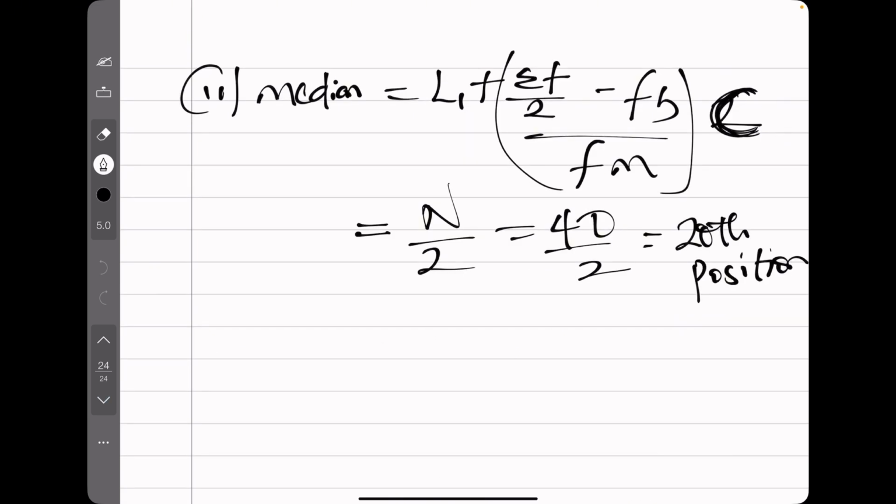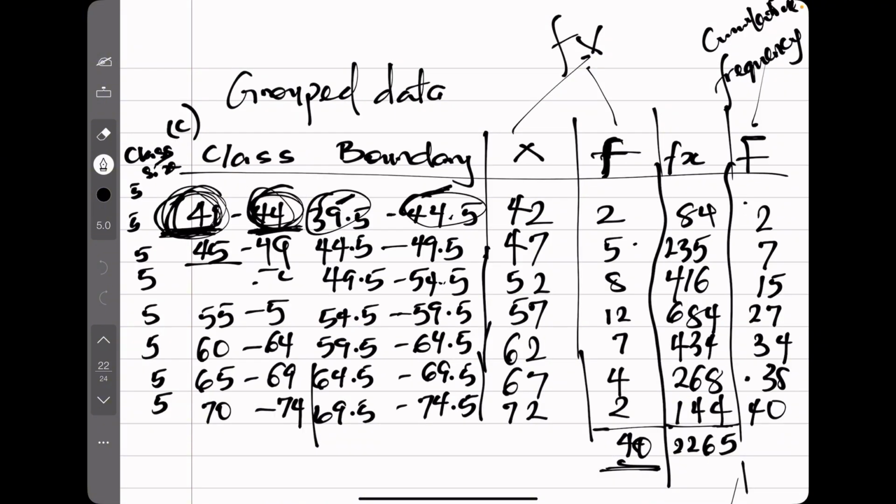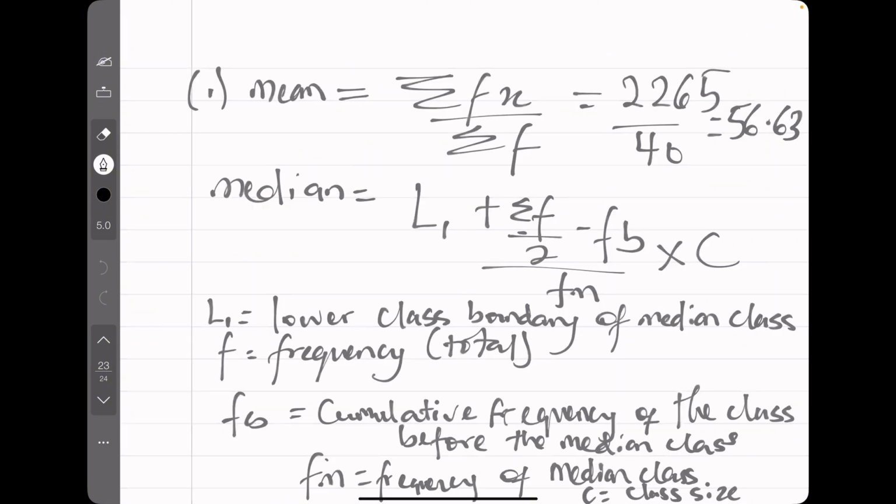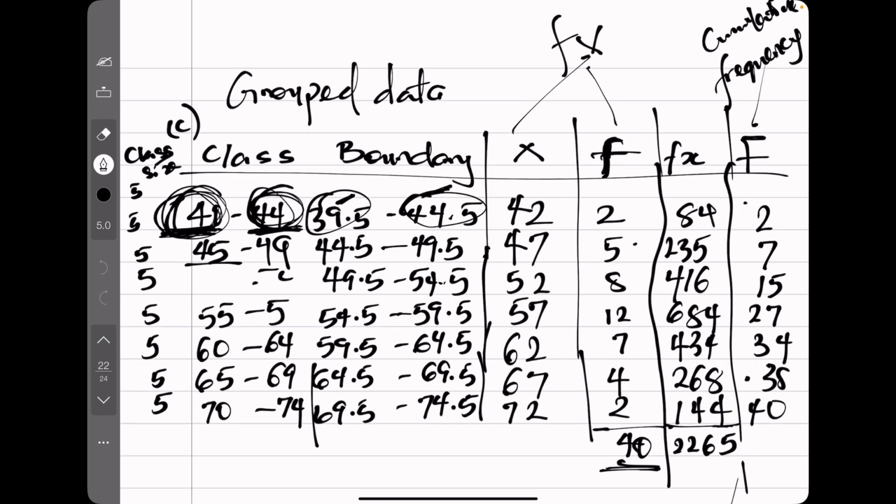So the lower class boundary of that particular class happens to be 54.5. Sorry about that.